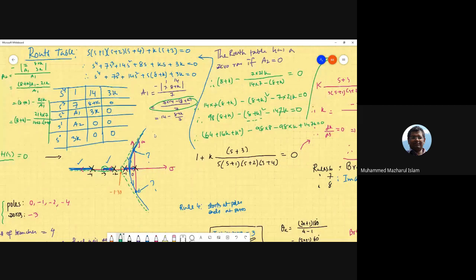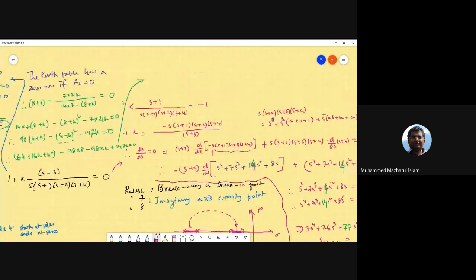So look, if our A2 is the 0 row, let's mark it with a different color. If this is our 0 row, then first we have to check whether the 0 is obtained for any positive value of k. So that's why you have to solve this equation first to find out the value for which you have a 0 row. Is that understood? So you have to solve this equation.